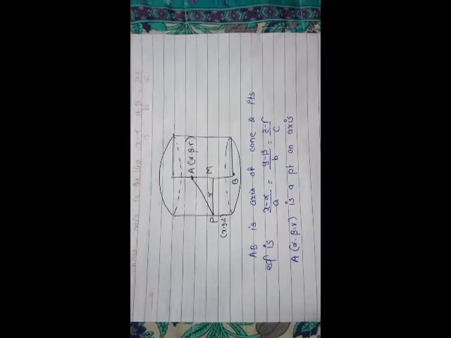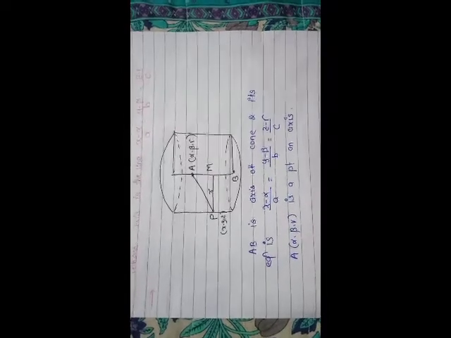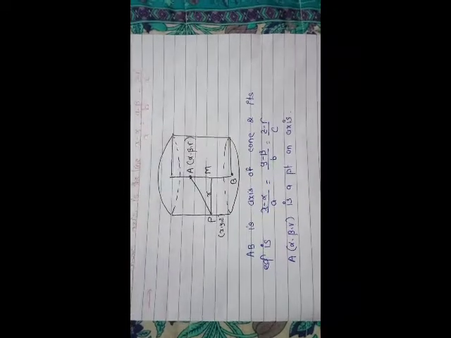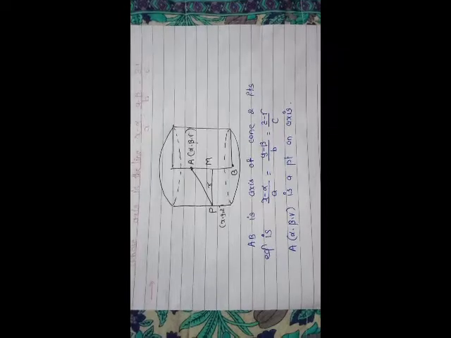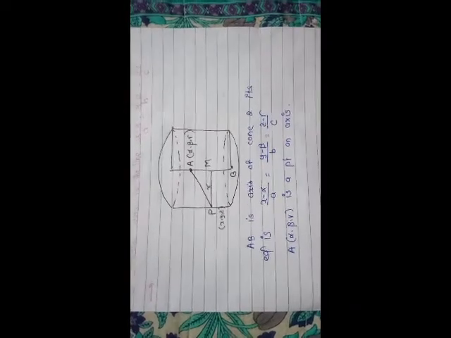AB is the axis of the cylinder and its equation is x minus alpha by a equal to y minus beta by b equal to z minus gamma by c. It is very clear that alpha, beta, gamma is a point on the axis.